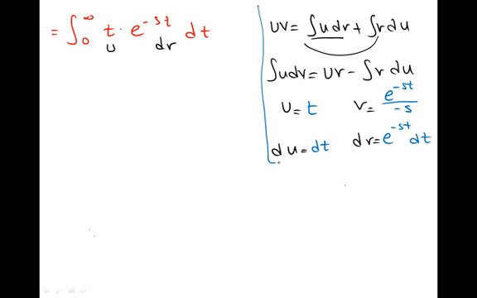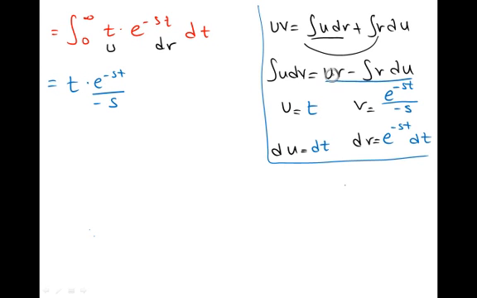I think that this is clear, so I'm going to plug in this one here, because integration of u dv equals uv minus integration of v du. So what is u? u is t. What is v? v is e to the power of minus st over negative s.